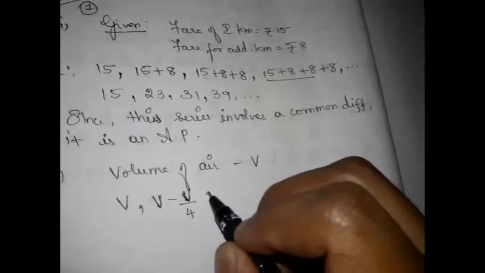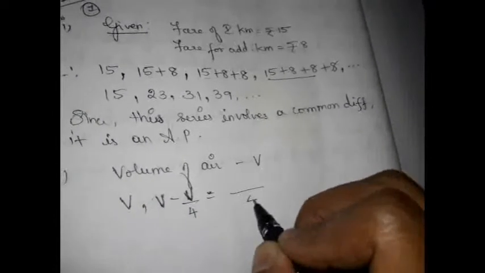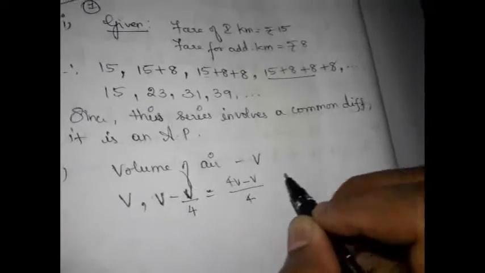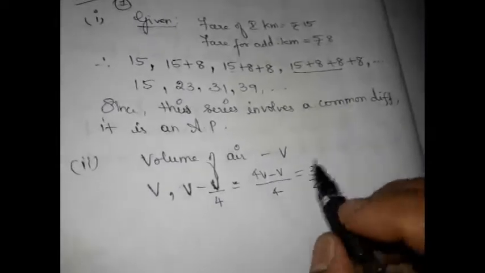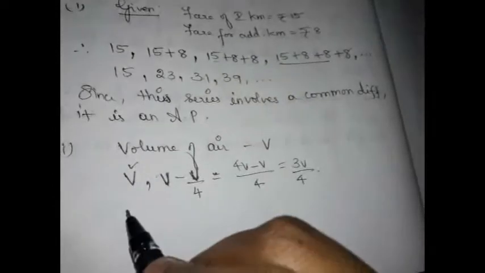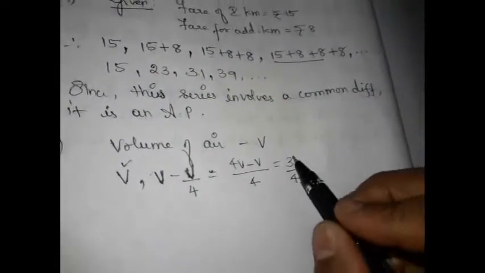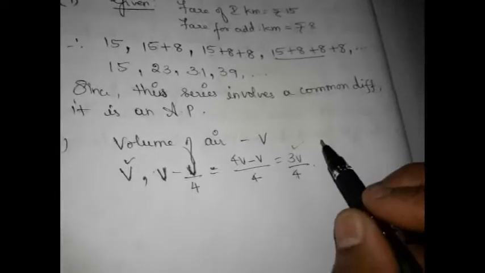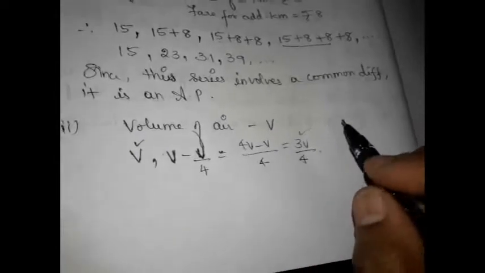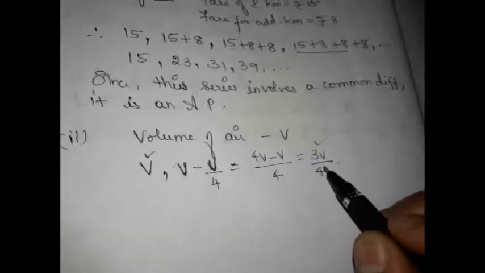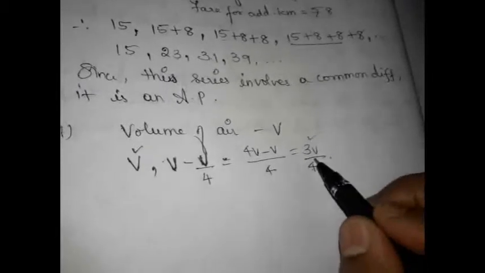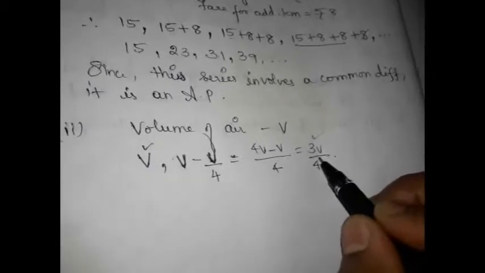Which is nothing but, take LCM, 4V minus V, which is 3V by 4, right? So for the first time it is going to be the full air. The second time it is going to be 3V by 4, 3/4 of the volume of the air. Then the next time, 1/4 of the air is removed from the actually existing air, right?